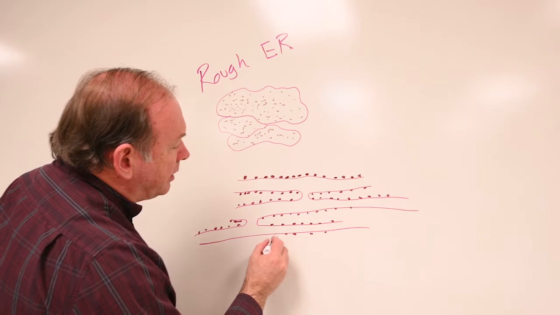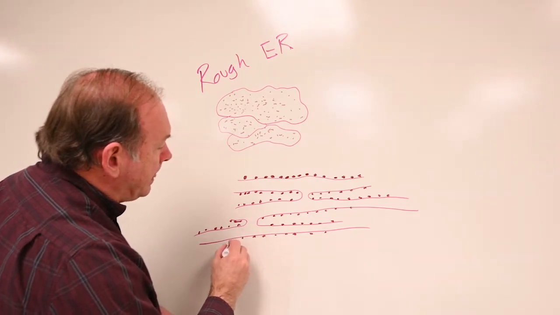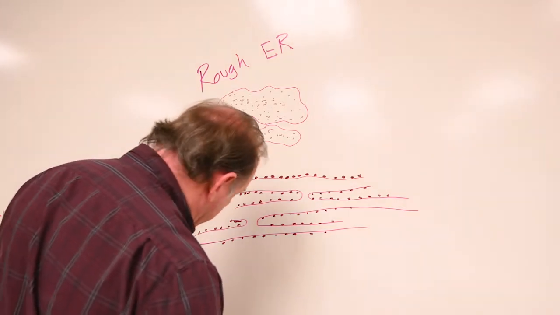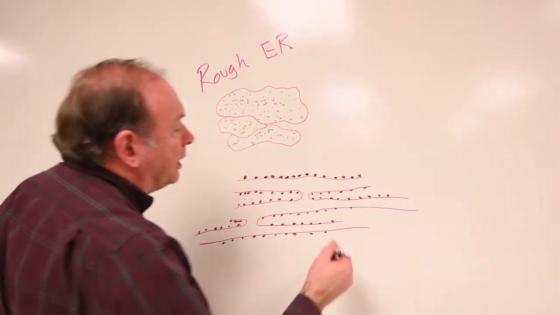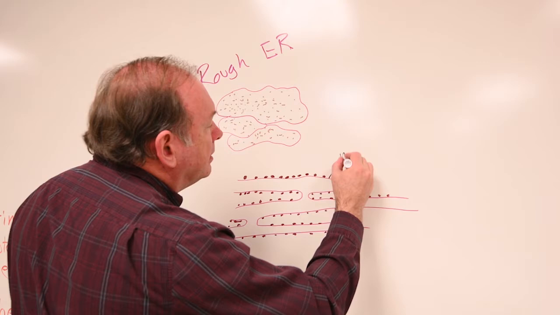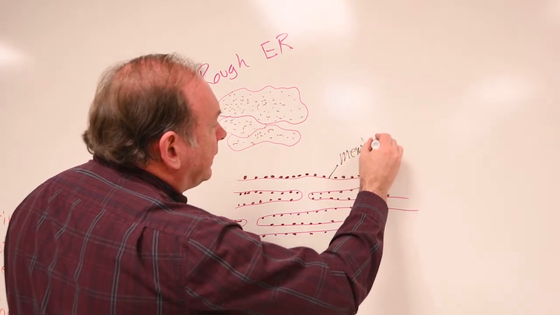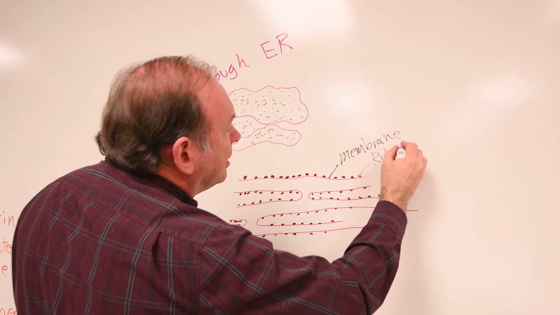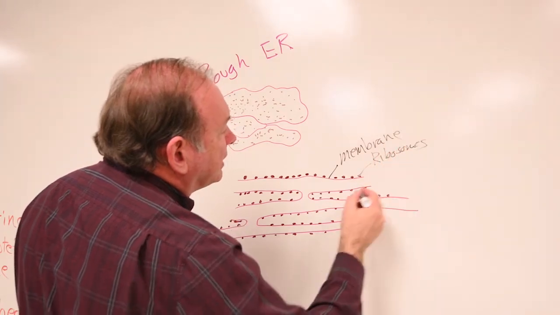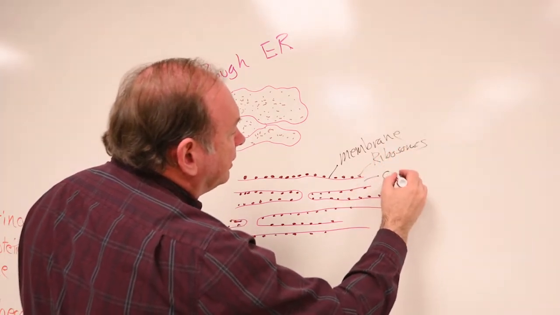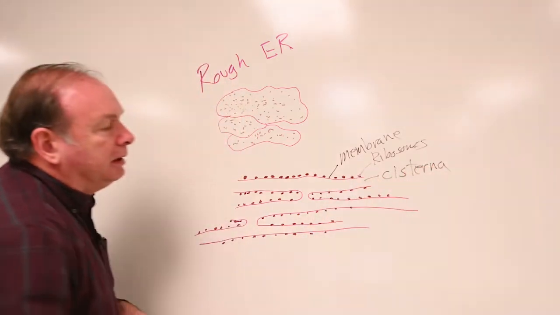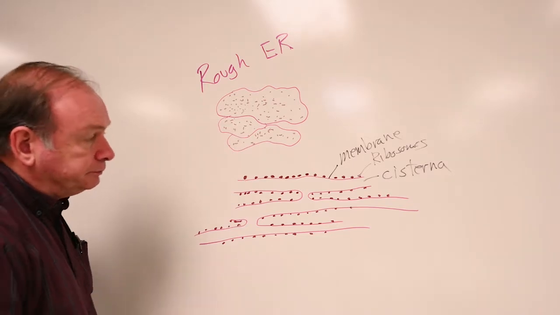And on the outside we have the ribosomes. So we have membrane on the outside, we have ribosomes outside of that, and then we have the cisterna, that space to the inside.